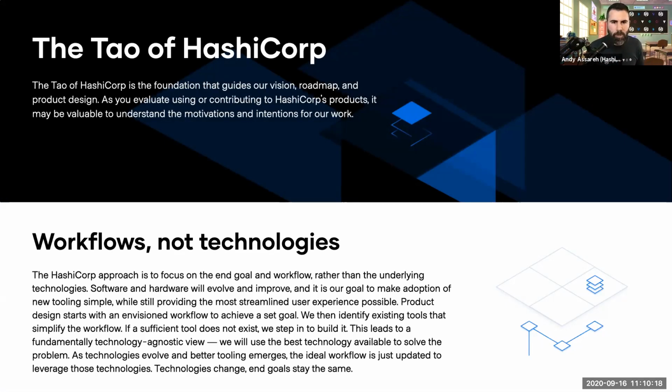So our approach is to focus on the end goal and the workflow that we, as operators and practitioners, are trying to accomplish, and build backwards from there, right? As a result, we tend to be technology agnostic, because we want to build a lasting enterprise. We understand that technologies are going to come and go. So instead of focusing on a particular piece of tech, let's focus on that workflow. Focus on making it an efficient, very usable, friendly workflow, and build from there. So anyway, really interesting material. I definitely recommend you check it out.